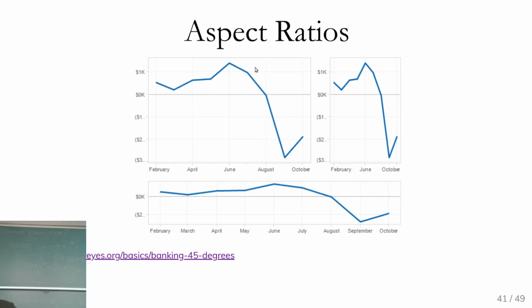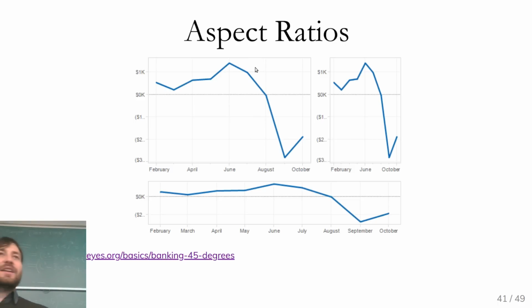And this is actually quite an interesting blog post because it's about what's called banking to 45 degrees. It was a paper by Cleveland, who I cited earlier, that made a perceptual study that said the graph is easiest to read if most of the lines are around 45 degrees.